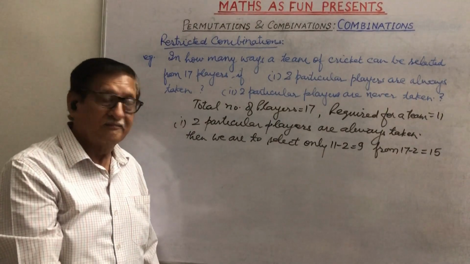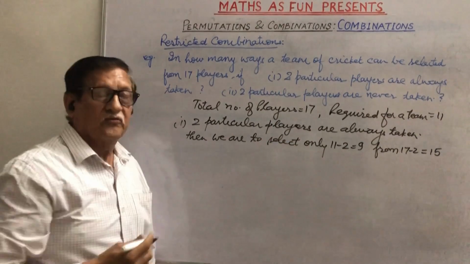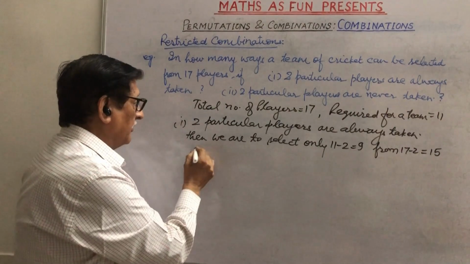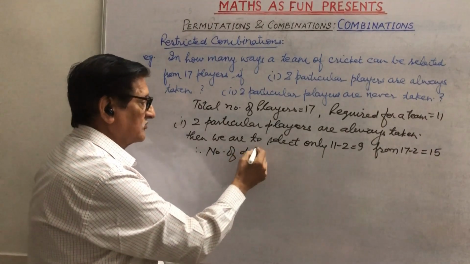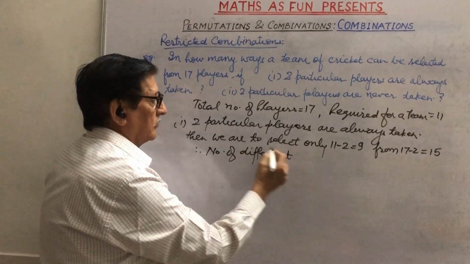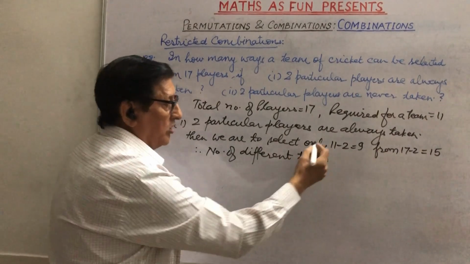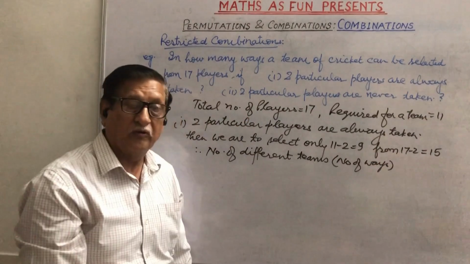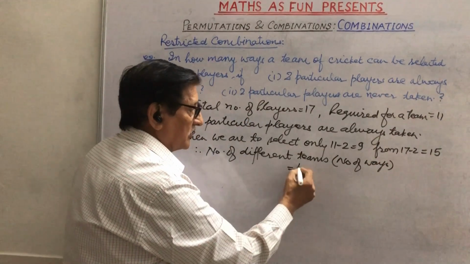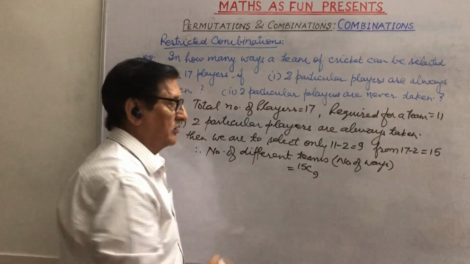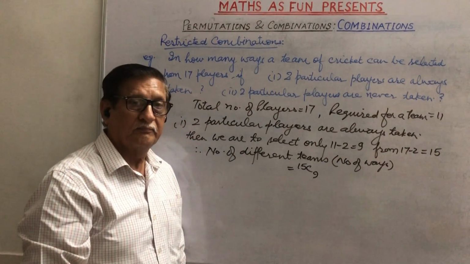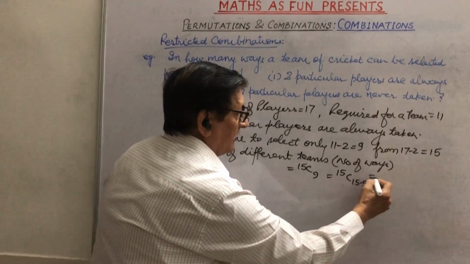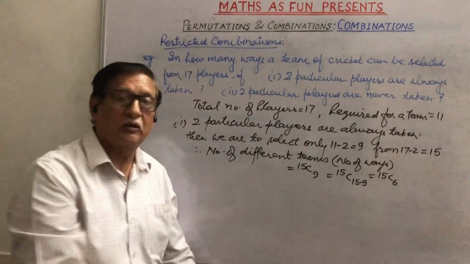And that can be done as 15C9. It means we can say, therefore, number of different teams or number of ways the team can be formed will be equal to how much? That is 15C9. And 15C9 can be written as 15C, 15 minus 9, that is 15C6, and we can calculate and find out the value.